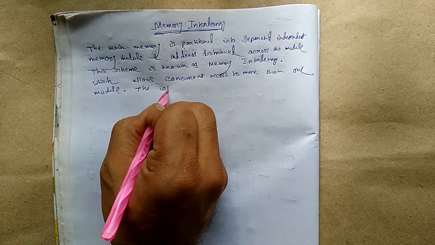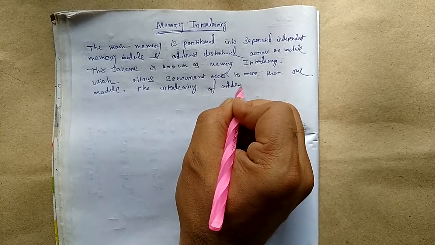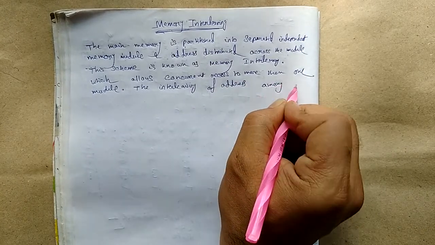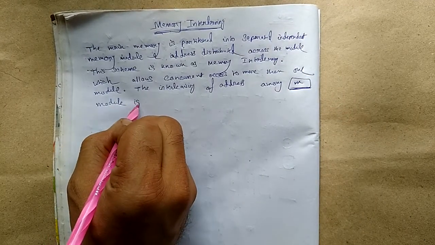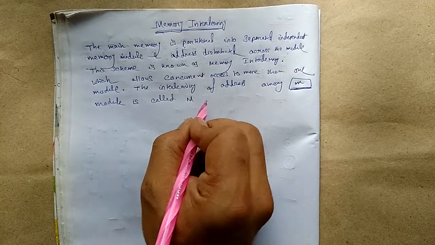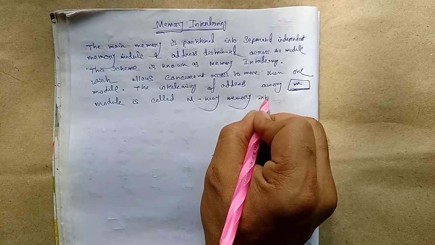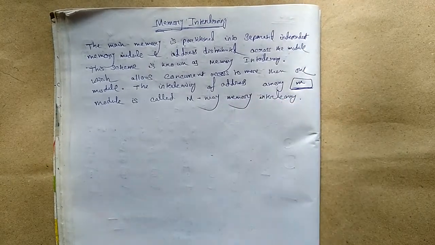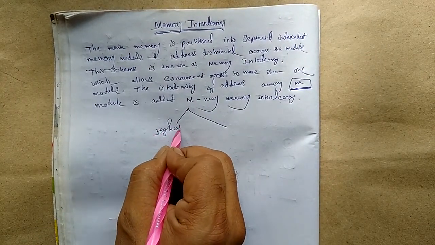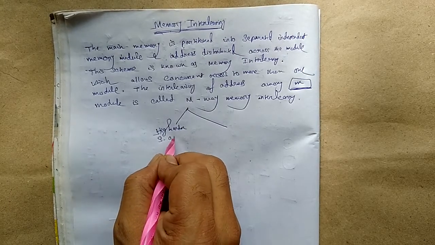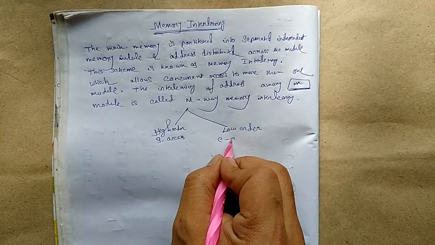The interleaving of addresses among M modules is called memory interleaving. It is of two types: high order or S access, and low order or C access.